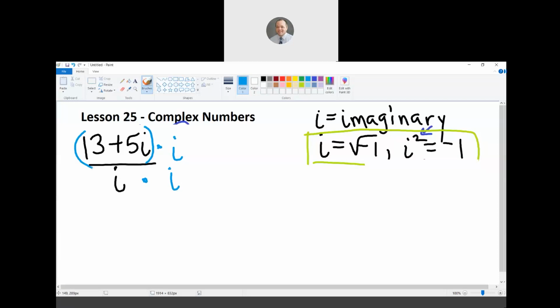Now up top, I'll have to distribute that i. So that would be 5i times i, or 5i squared, and then i times 13 gives us a positive 13i, all over i times i, or i squared.